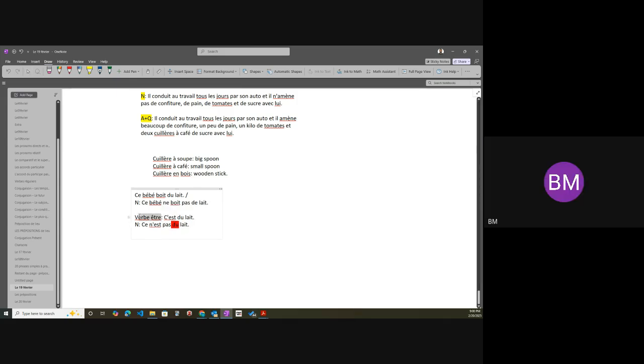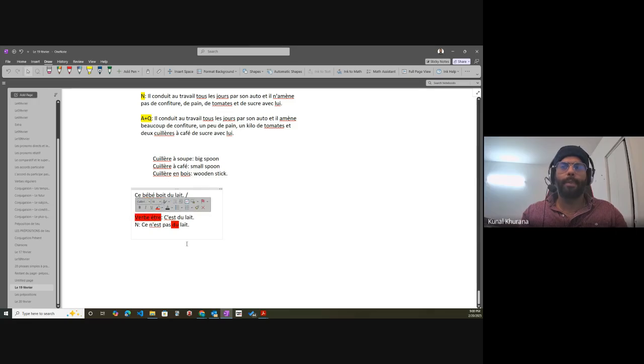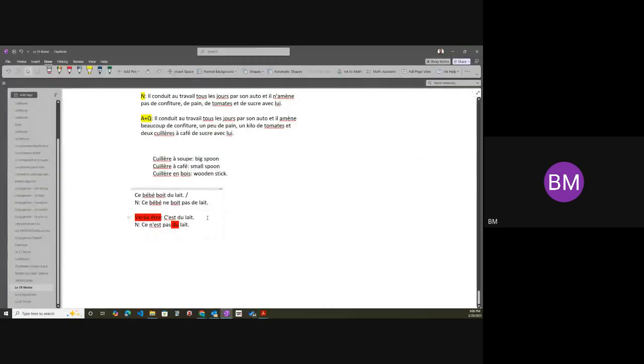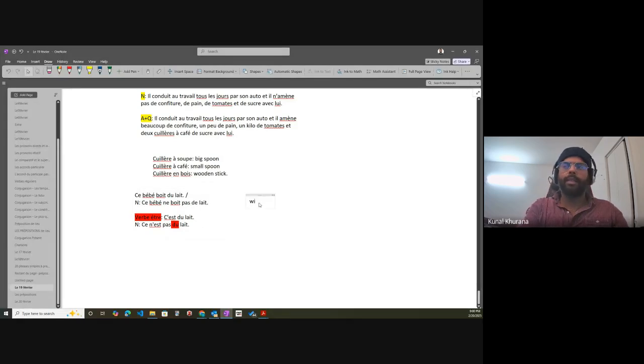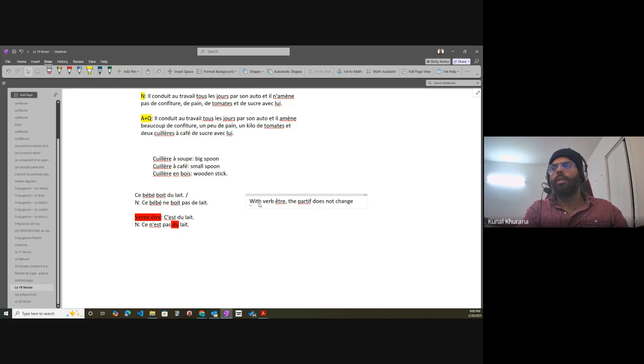So this is something to keep in mind. With verb être, I'm going to write: the partitif does not change to the apostrophe. So the example is here in front of us.